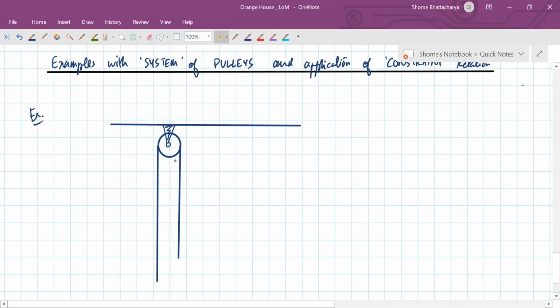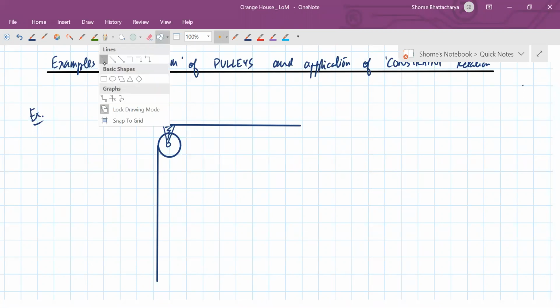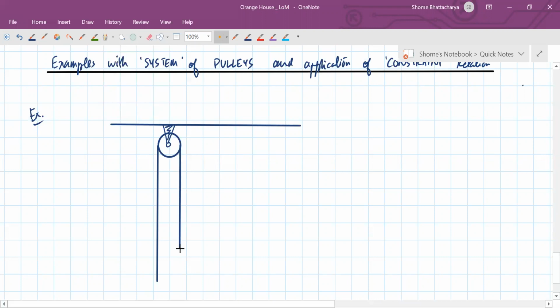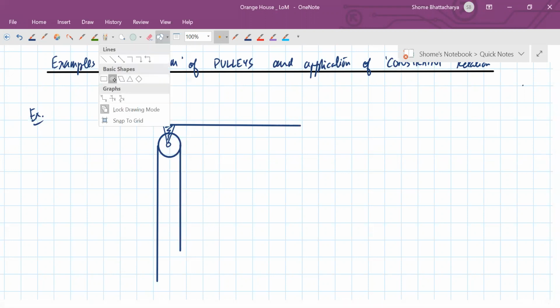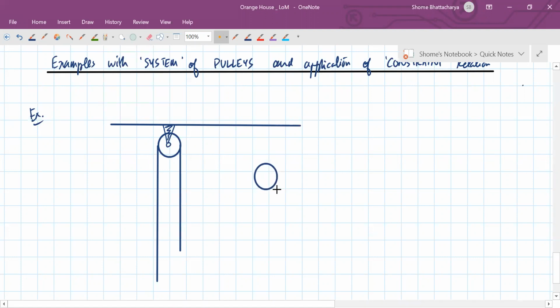So the second side of the thread, instead of directly being attached to a block, is going around the second pulley like this.